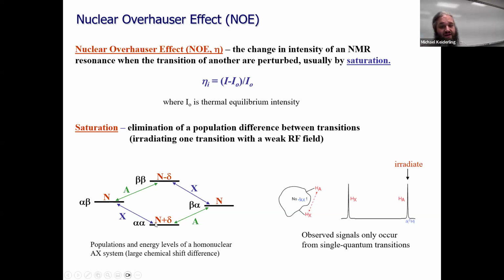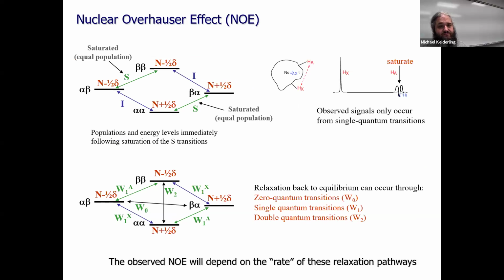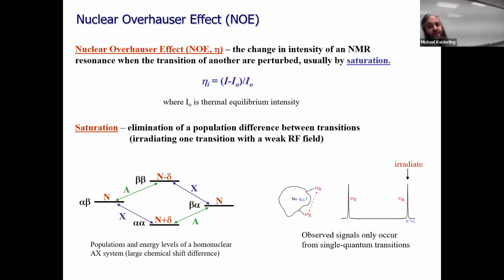So you can ensure that all the hydrogens are in one state. And this leads to changes in the intensity of the other measurement. So the populations and energy levels of a homonuclear AX system with a large chemical shift difference and observed signals only occur from single quantum transitions.